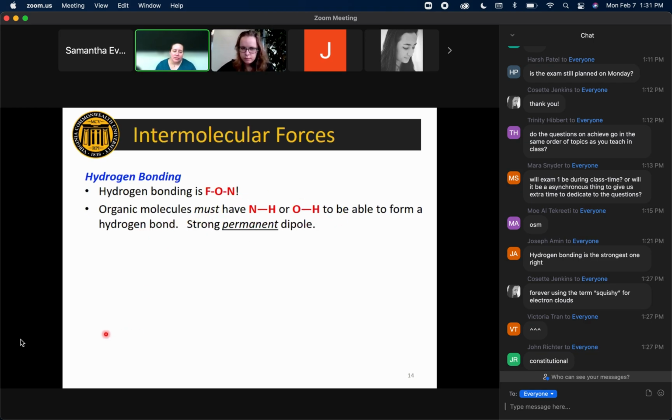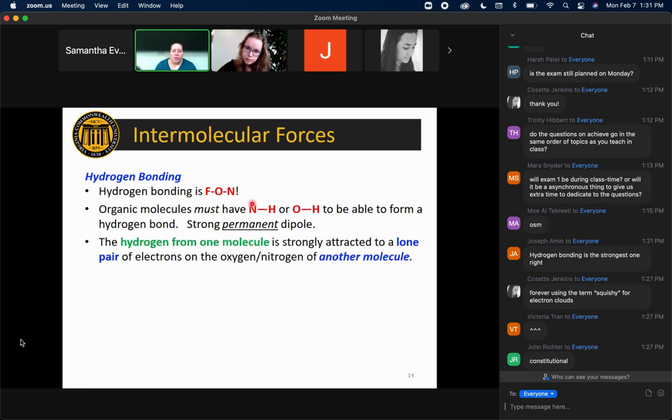These molecules tend to have very strong dipoles and are very polar. So what happens in hydrogen bonding is that the hydrogen, attached to a nitrogen or oxygen, from one molecule, because it's so delta positive, because it's attached to something that's so electronegative, ends up being strongly attracted to a lone pair of electrons on another molecule.